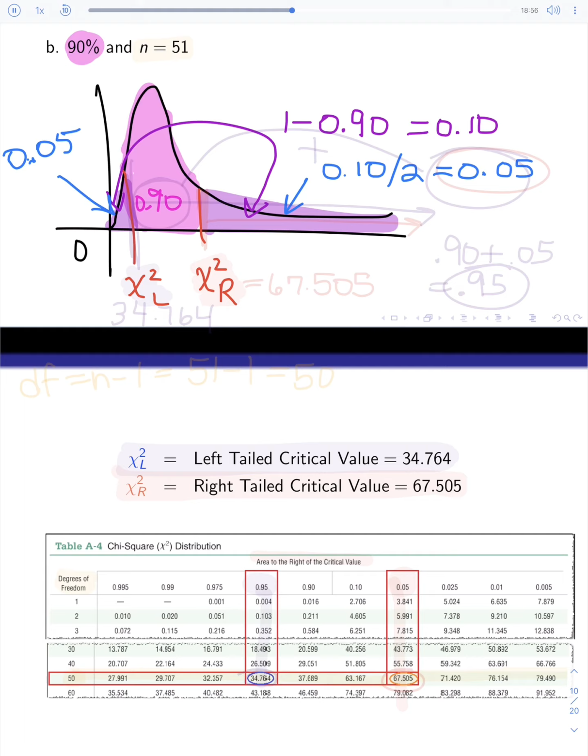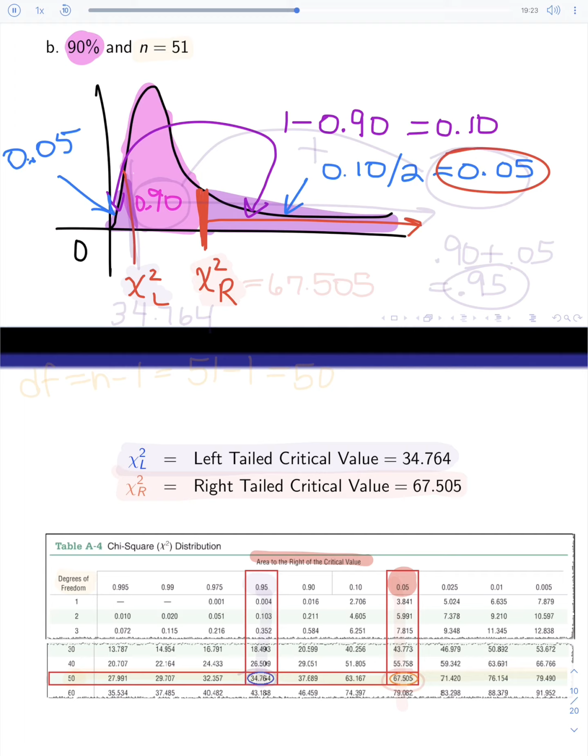Now, how do I find my chi-squareds? Well, the easiest one is always going to be the one on the right, because the chi-squared table gives an area to the right. So let's start there. This chi-squared right has an area to the right of 0.05. So if we go to our table, we start with the area to the right of 0.05.